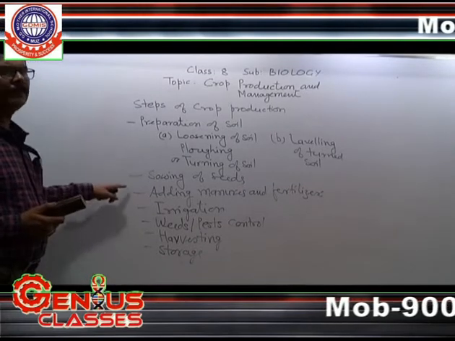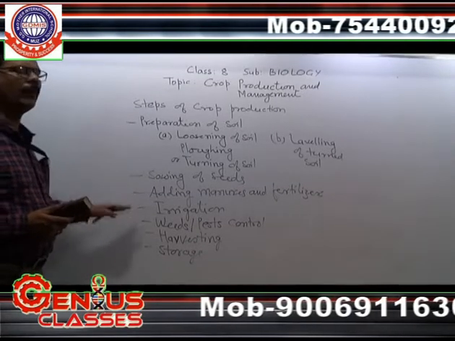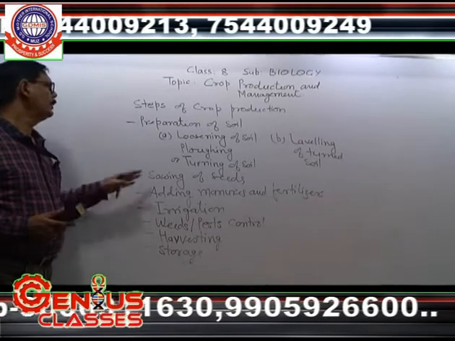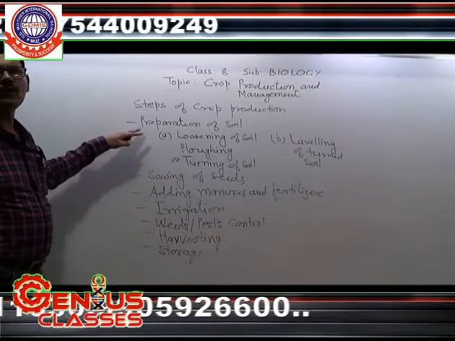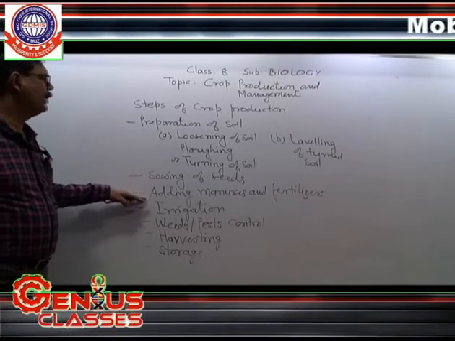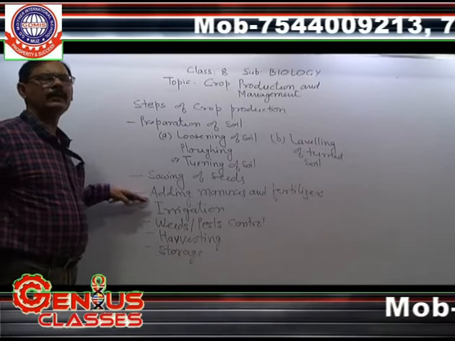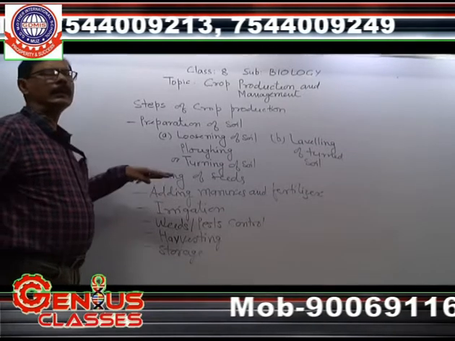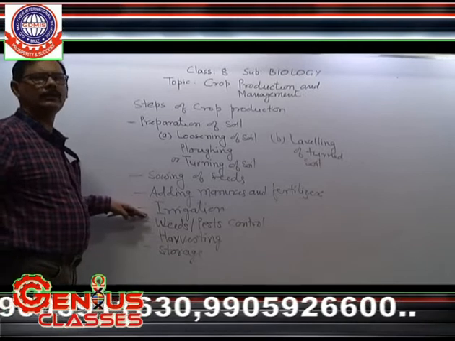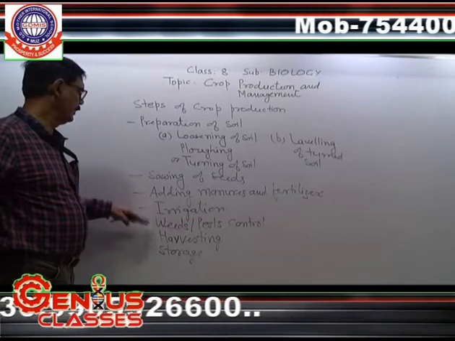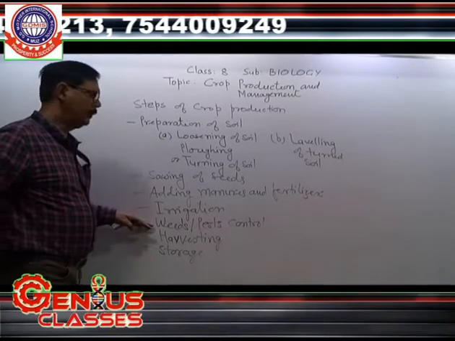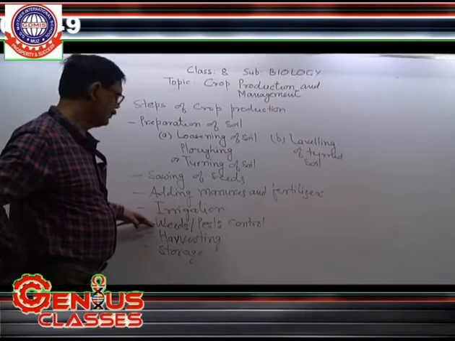Remember, every step has its own importance during the crop production. So for example, once the soil is prepared, we sow the seed, we add manures and fertilizers so that we get more yields. Then required water is supplied to the plants. In between, some unwanted crops or the pests attack our crops.